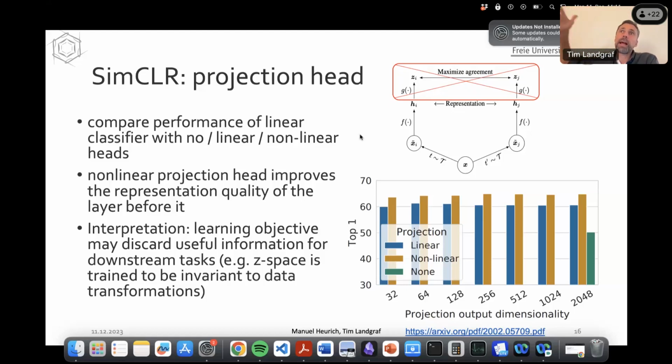And the last layer is the one that we apply this optimization objective to, which means that the objective that we minimize here is best met, not perfectly, but best met in the Z representation.